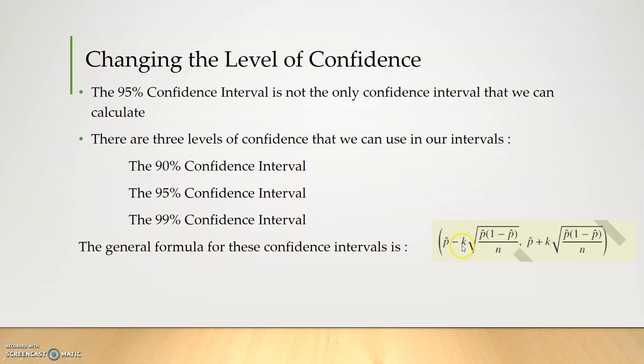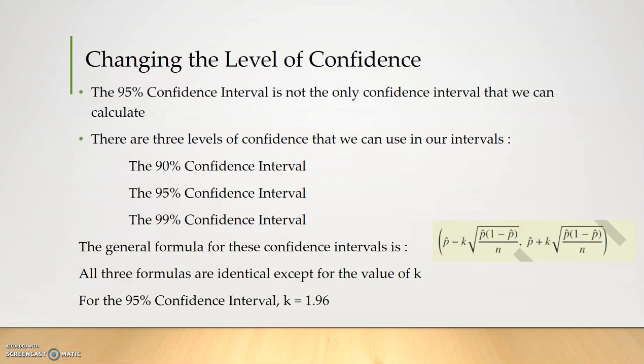This value of k will change according to the confidence level that you're wanting to find. All 3 formulas are identical except for the value of k. And for the 95% confidence interval, as you probably already know, the value of k is equal to 1.96.